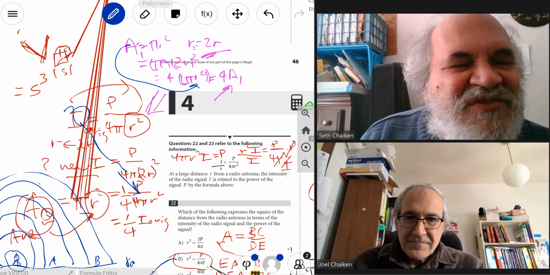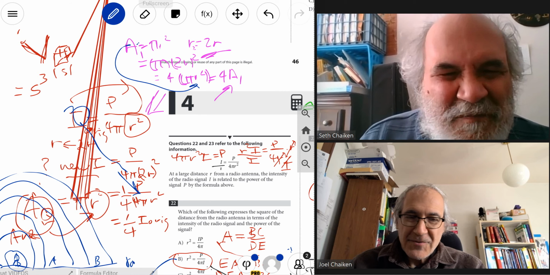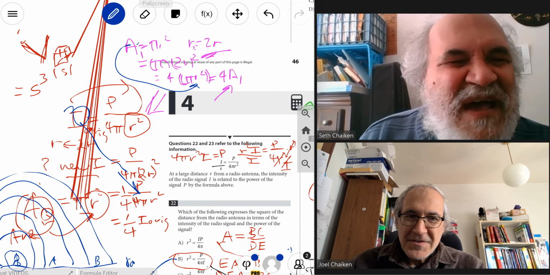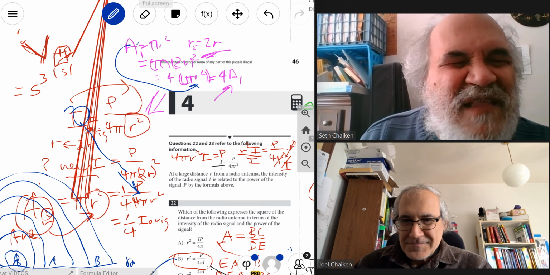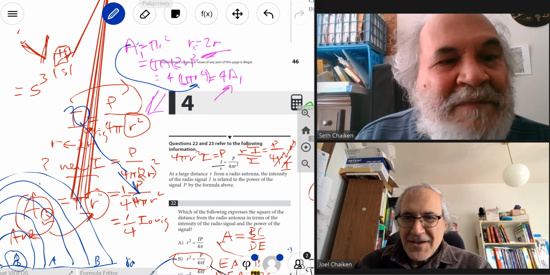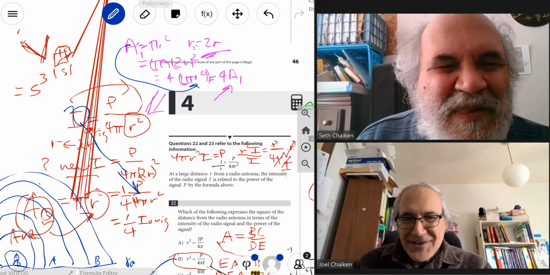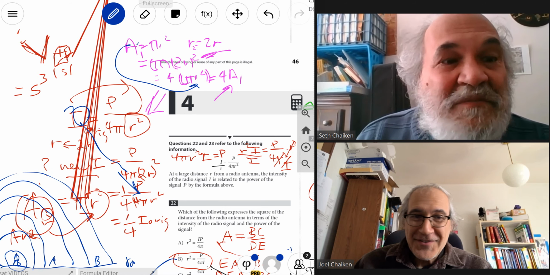But actually, these are sections of hemispheres. I can't really draw that. Imagine these are a three-dimensional view. These things would look like igloos, bigger and bigger igloos. So that's the picture of this.